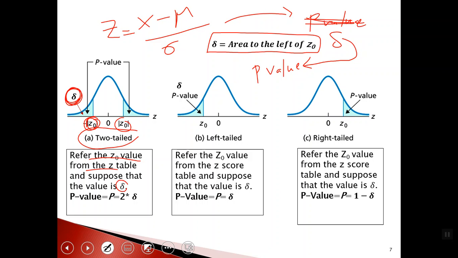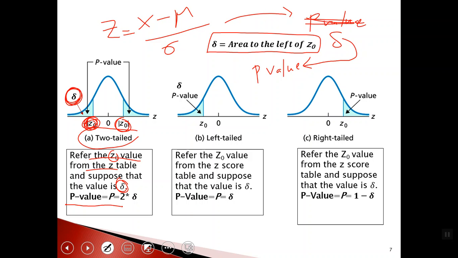That value is delta. You don't need to find both values, just pick one, say the c naught value, and find the area using the C table.